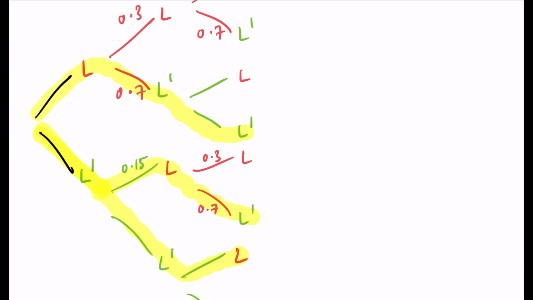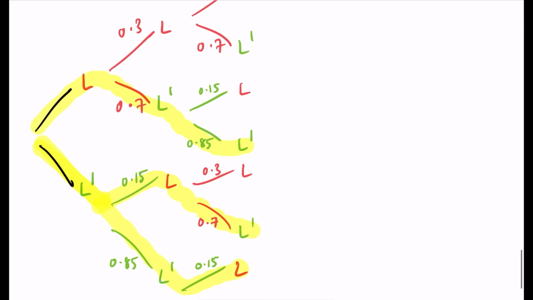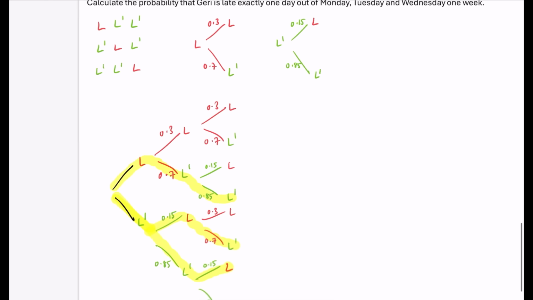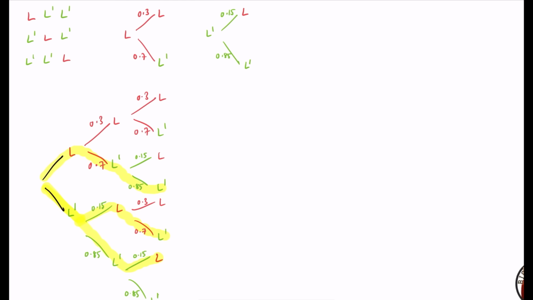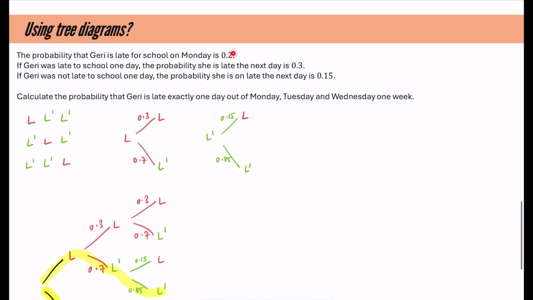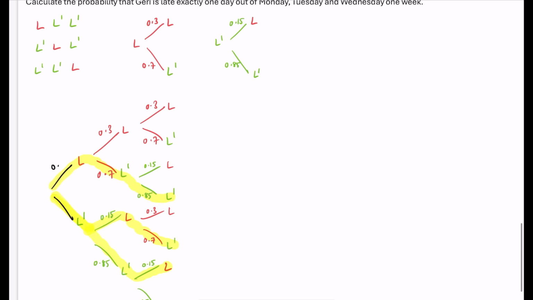There's no other bits that are needed, apart from we don't have these probabilities. This is the Monday. Late on Monday is 0.2, which means that not late is 0.8.